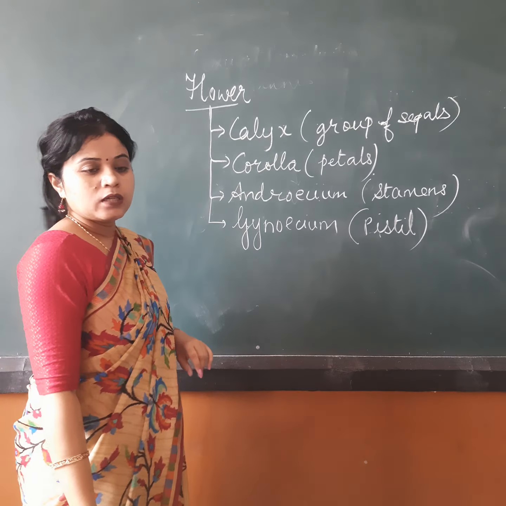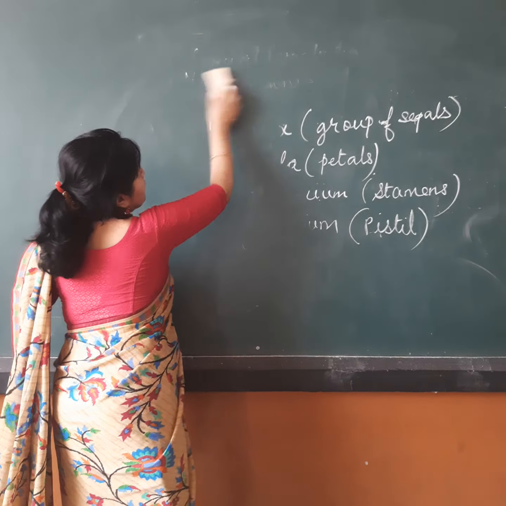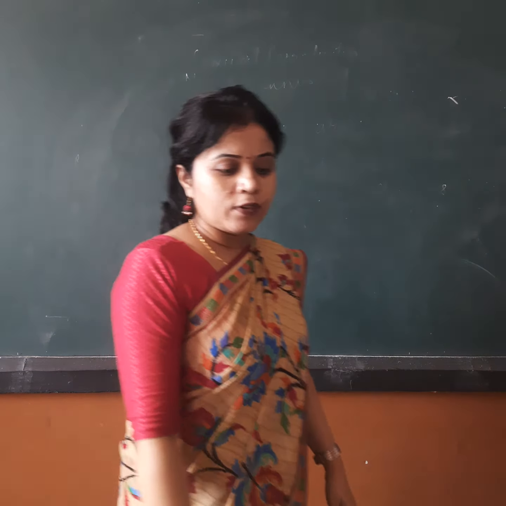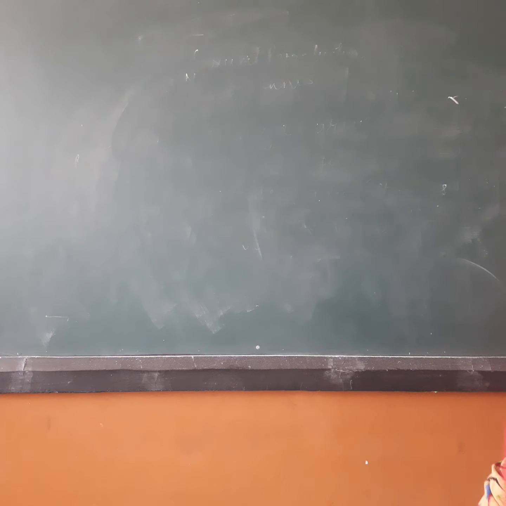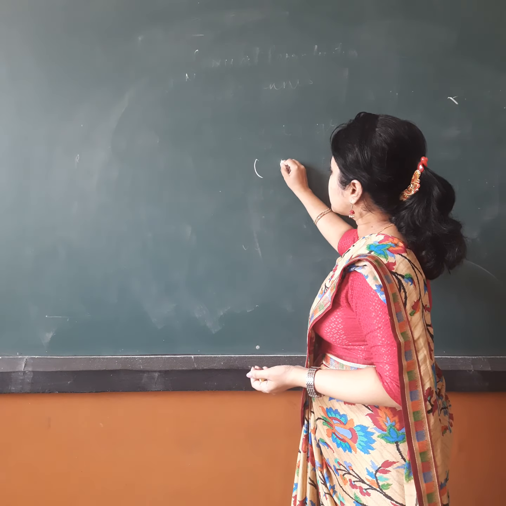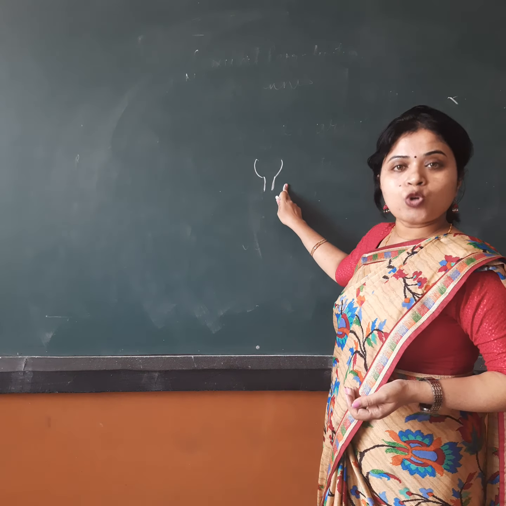Now let's look into the detailed structure of a flower. If I am drawing the flower, if I draw the structure of the flower, children, the flower has got a small stalk.